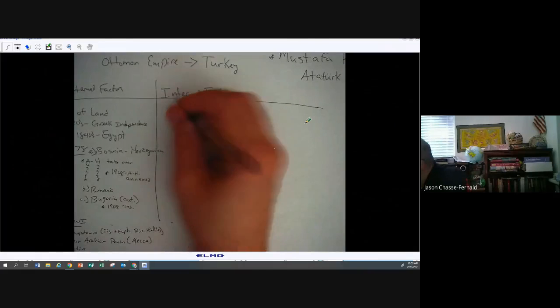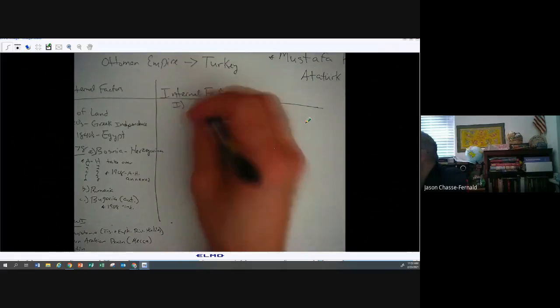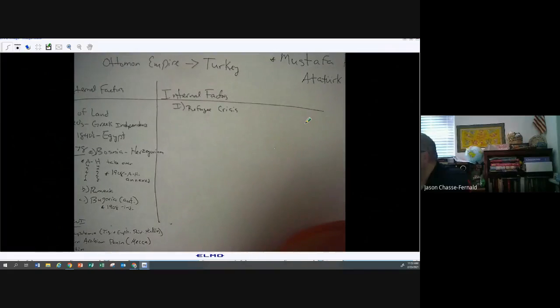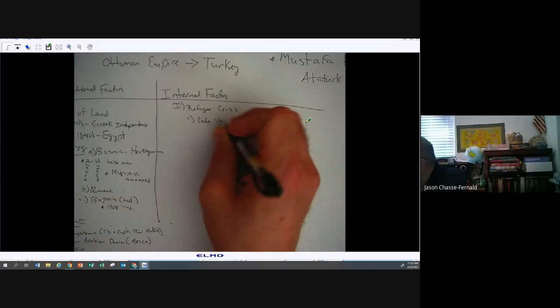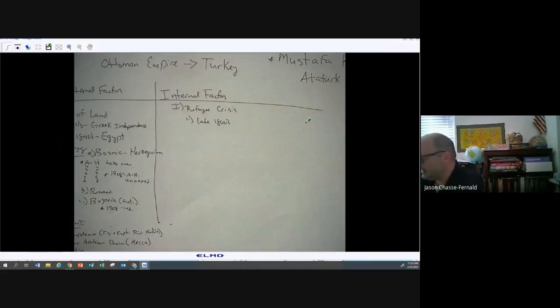Right. So, maybe one of the ways to look at this is by saying a refugee crisis takes place. Right. So in the late 1800s, when we start talking about the loss of Southeast Europe by the Ottomans, the question then becomes, what happens to this Muslim population that has been living there for the past 700-800 years? What happens to them?